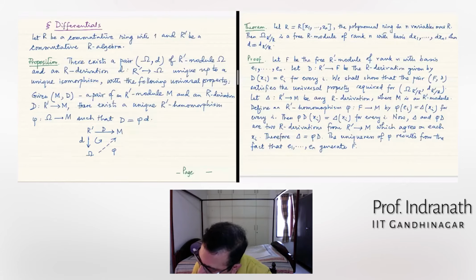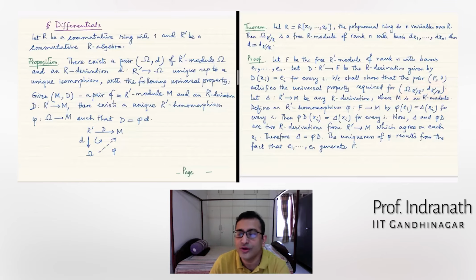So we shall show that this pair F comma d satisfies the universal property required for your module of Kähler differentials. You wanted to show that this is a free R dash module of rank n. So you have a free R dash module of rank n, and if you can show that this also satisfies the required universal property, then the uniqueness criterion would do the job.